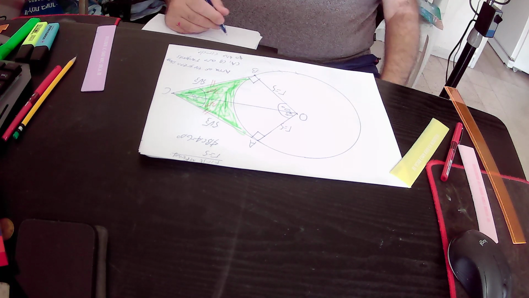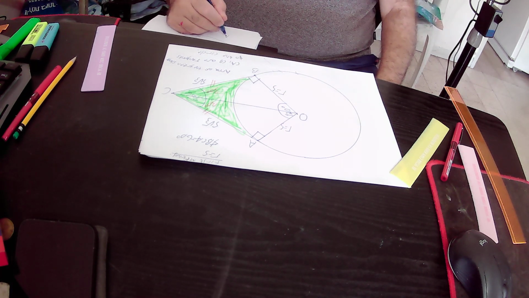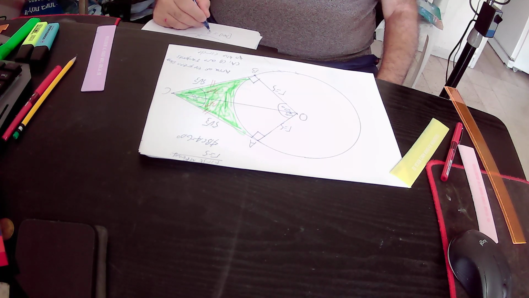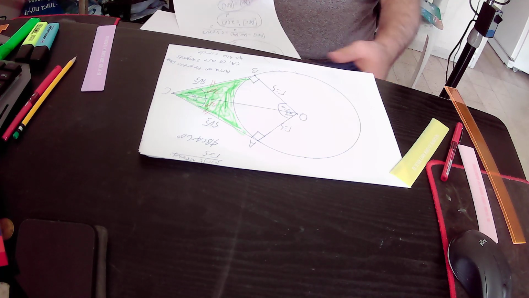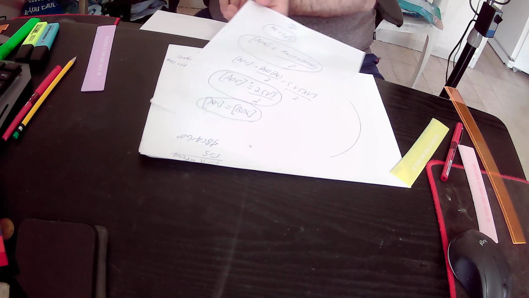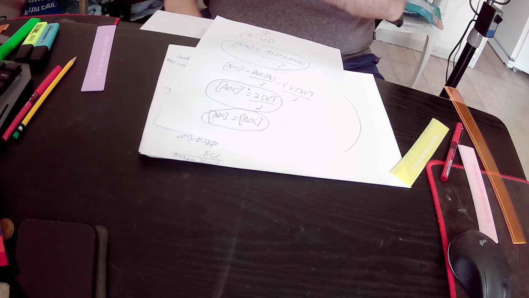That is to say, the area of triangle AOC is equal to the area of triangle BOC.